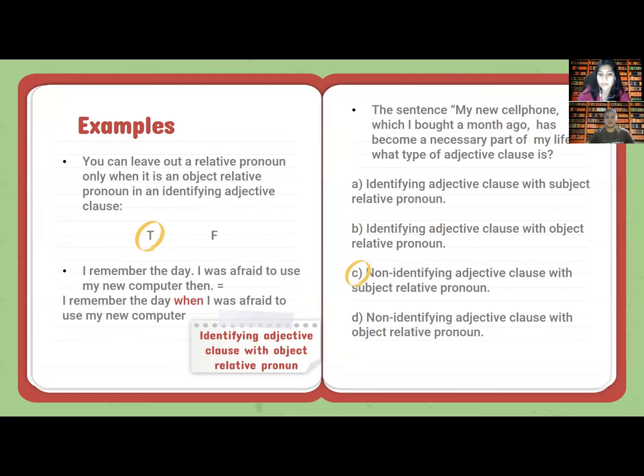It's not too necessary to specify that I bought it a month ago, and it's a non-identifying adjective clause with subject relative pronoun because I'm talking about my cell phone, and my cell phone is the subject of the sentence. My new cell phone has become a necessary part of my life. Next, please.